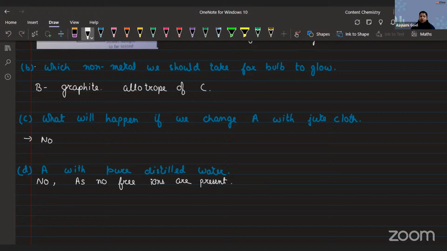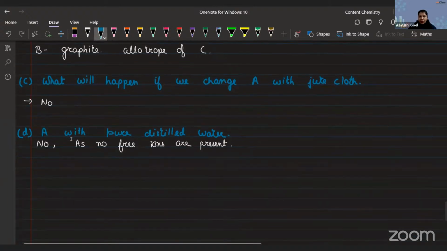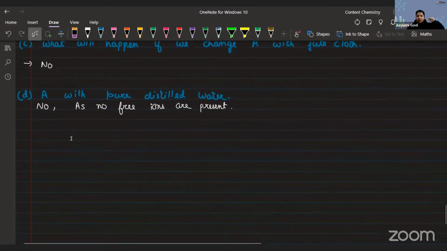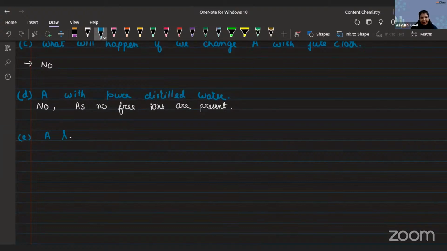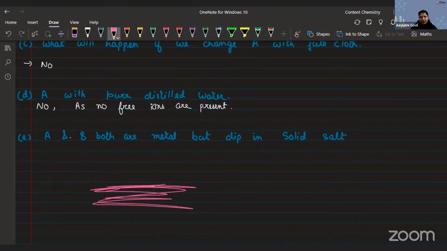Now, this is an activity to show the ionic nature of a salt. So instead of taking pure distilled water, in this activity I take A and B, both metal, and dip them in a solid salt. This is my E part. I have a salt here, my A clip is put here and my B clip is put here.